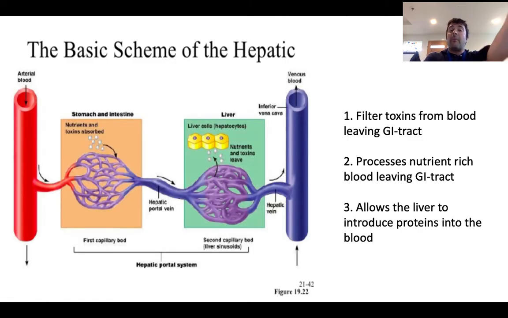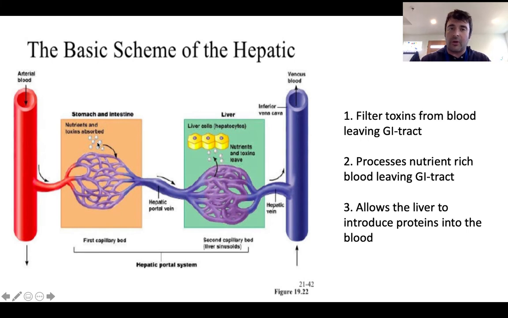When you think about hepatic portal circulation, this is hepatic portal circulation in a nutshell. You have the blood feeding into the GI tract, such as the stomach and the intestines. And along the GI tract, and I'll focus on the small intestines here, we have nutrients absorbed.